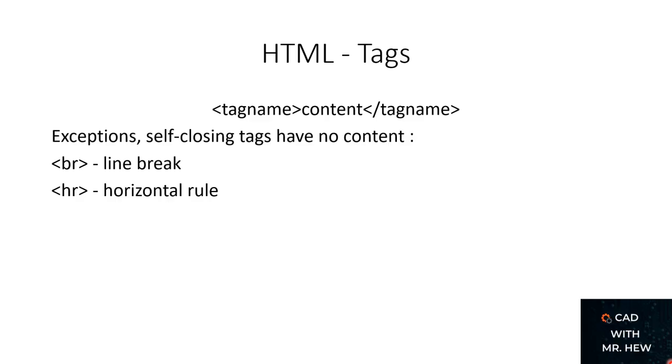It's an empty HTML element that has no content, so it does not have a closing tag as shown here. Also, the horizontal rule does not have a closing tag because it is a self-closing tag. It does not have any content.